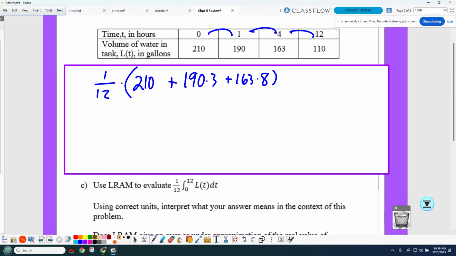DX changes in this case. Often it's uniform, it's the same amount, and you can factor it out and it makes the math easy. This one, they were different. And it was LRAM, so he chose the left end as the height for each of these, times the DX. And Alex, again, on the AP exam, you can stop there.